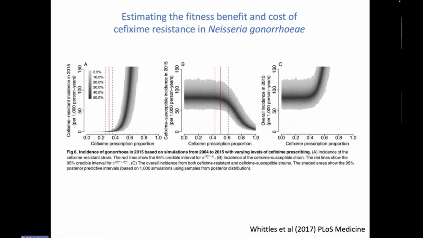So it's a slightly out of date study, of course, and we're not using genomic data here at all. We're just using the data from the figure I showed you, but you can see very clearly how once we estimate those parameters, we can make some predictions and therefore some recommendations for how to use antibiotics.